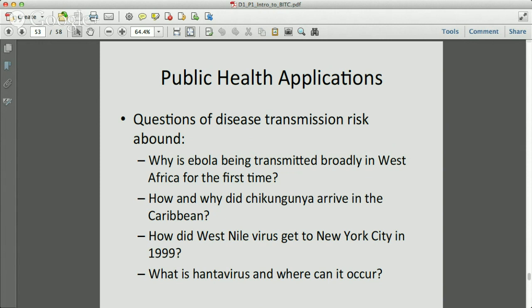How and why did chikungunya just arrive in the Caribbean? And how did West Nile virus go from being an old world disease to New York City in 1999? And then here in the US, what is hantavirus and where can it occur? That was always an old world disease also. So these questions are all around us.